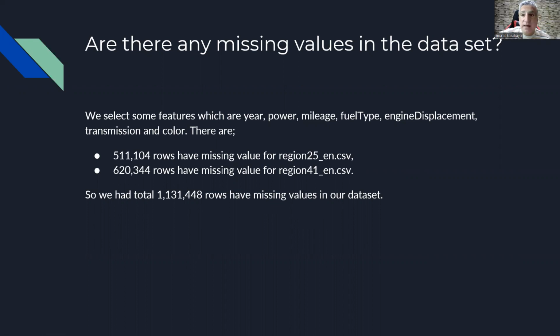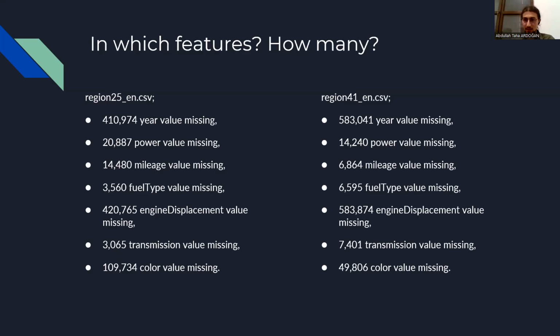Okay. I think there is a contradiction in your presentation. Somewhere you are talking about a million missing, and somewhere you are saying that 600,000 are left after you filter out.